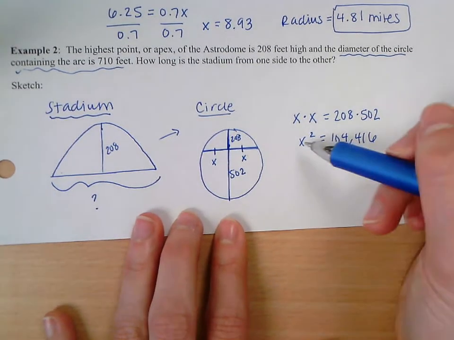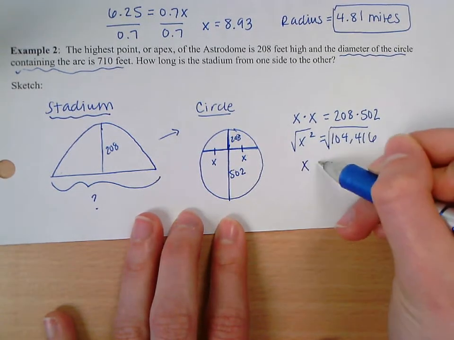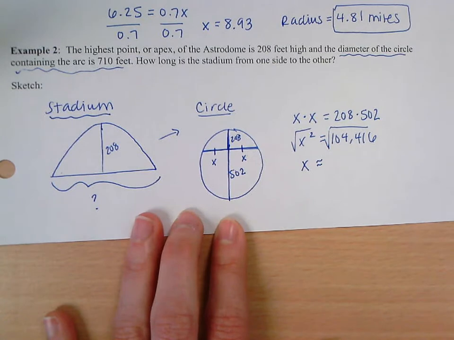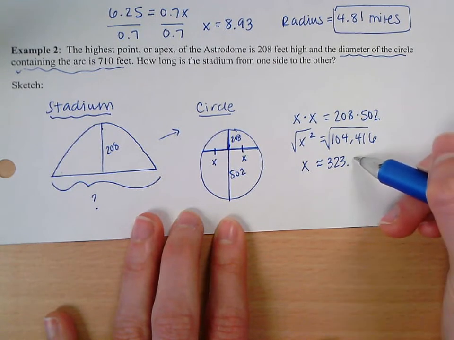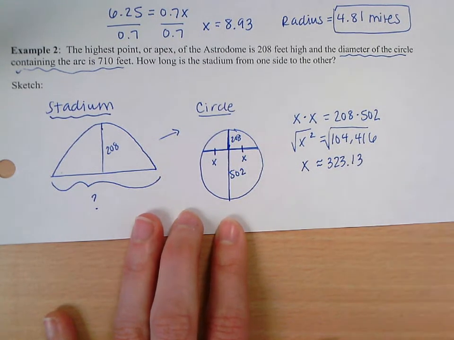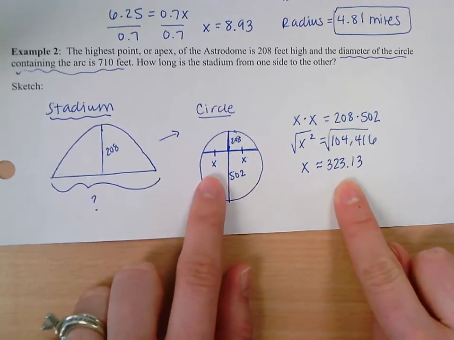And then if I take the square root, that means X will approximately be 323 point, I'll do it to 2 decimal places, 0.13. But again, the way I labeled it, that's just half of it.